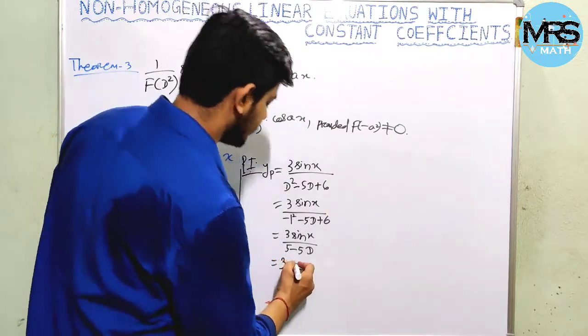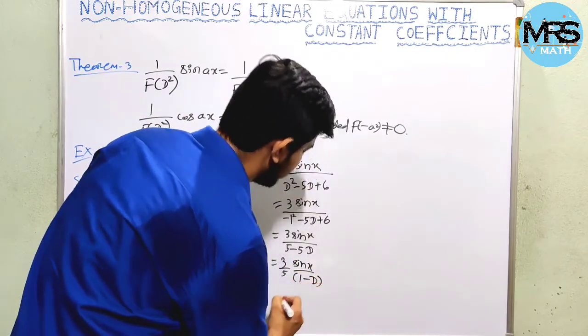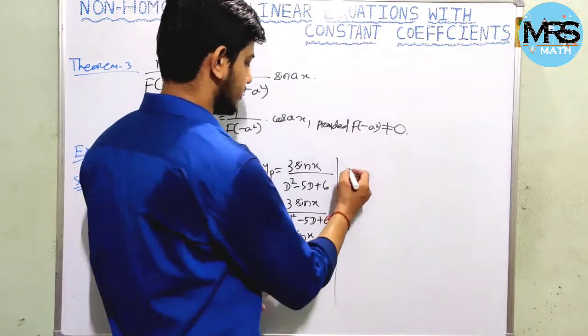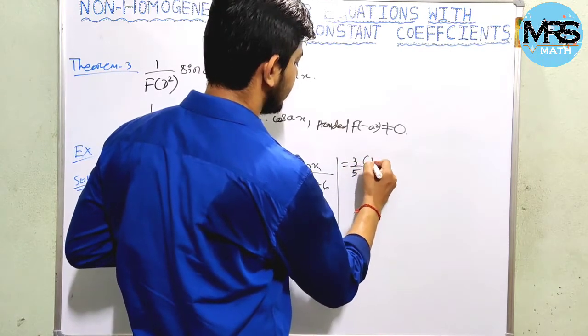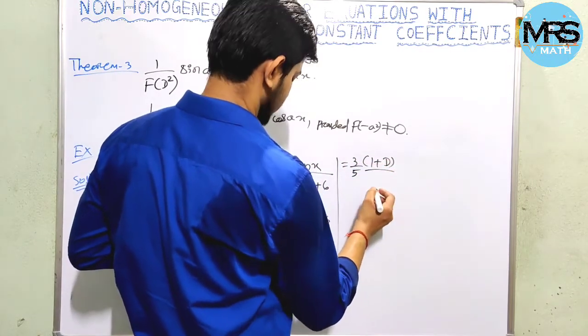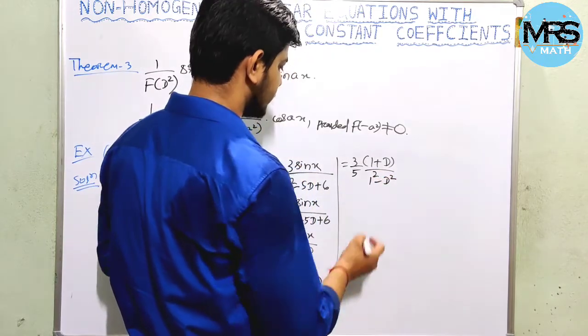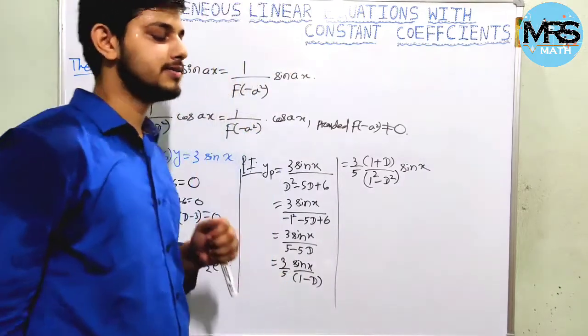So we get sin x over 1 minus D. In the numerator and denominator, if we multiply 1 plus D, then we get 3 by 5, this is 1 plus D, over 1 square minus D square, correct, into sin x, correct?